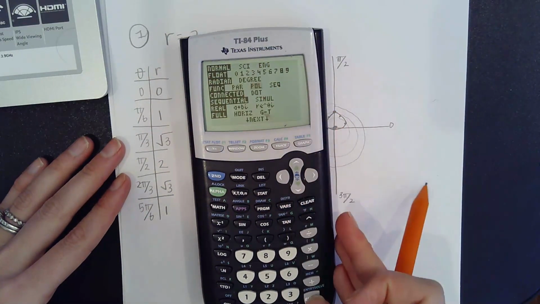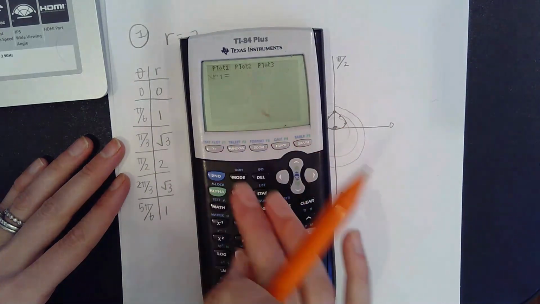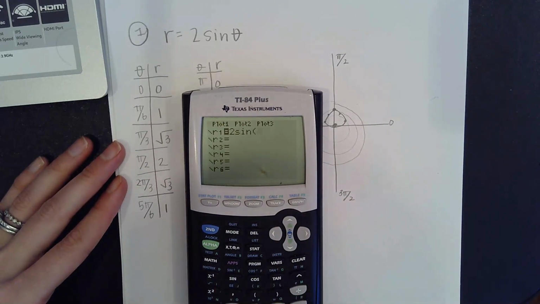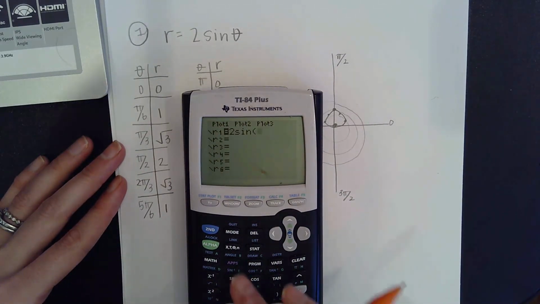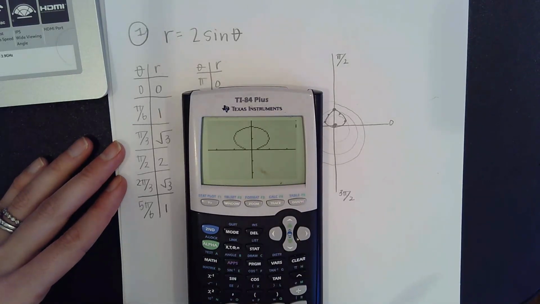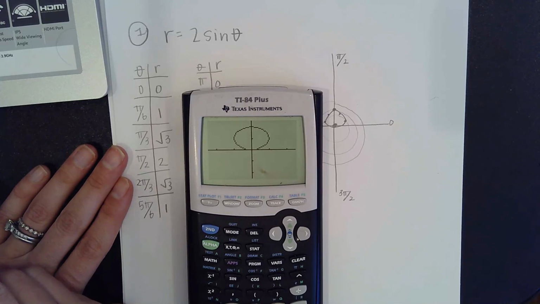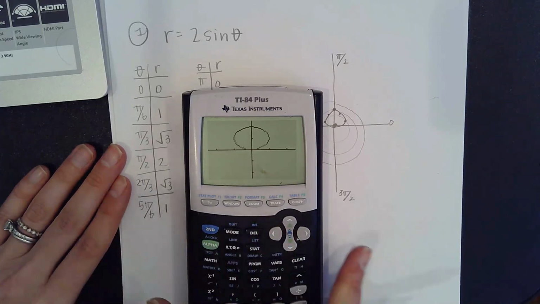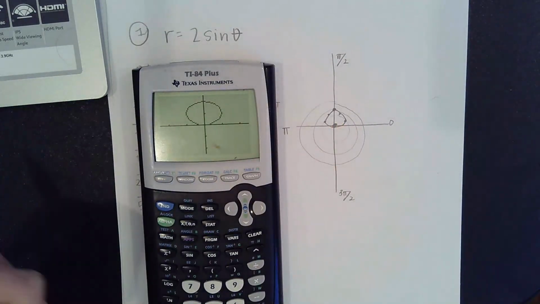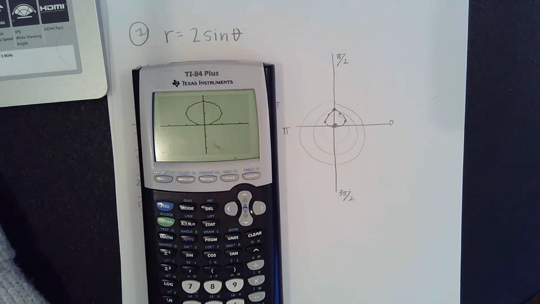So if you go down, select enter here, then you could say 2 sine and then put your theta in there. And then graph, and there is your graph of your polar equation. See, it looks like the same function, right? All right, so that's how you graph your basic one. So now you can finish up your homework 1. All right, y'all have a good day.